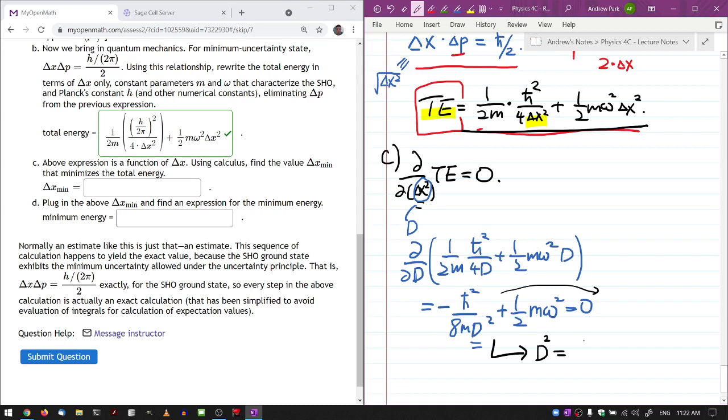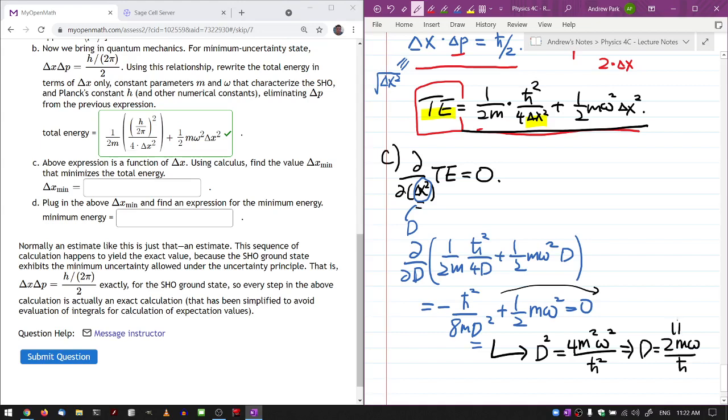I have m squared omega squared, 8 over 2, so 4, divided by h bar squared. So my D becomes the square root of all this, or 2m omega over h bar.